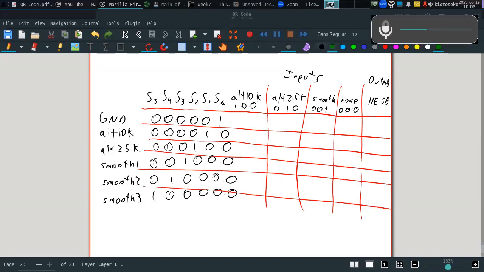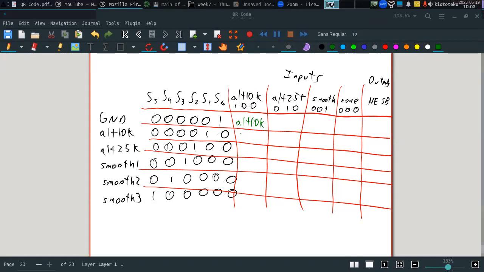So in this case, if you're in the ground and receive this signal, you'll go to alt 10K.